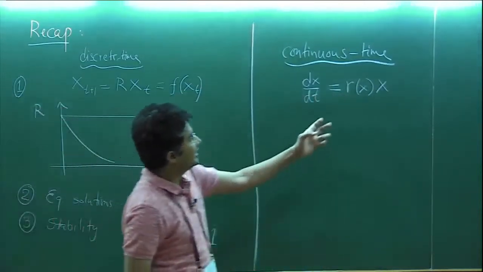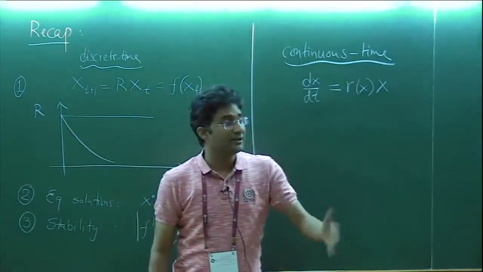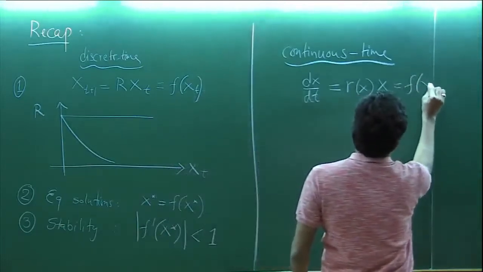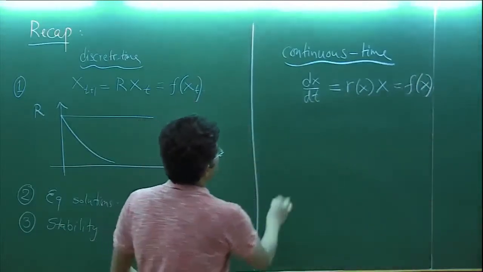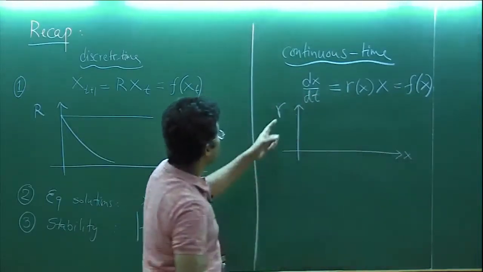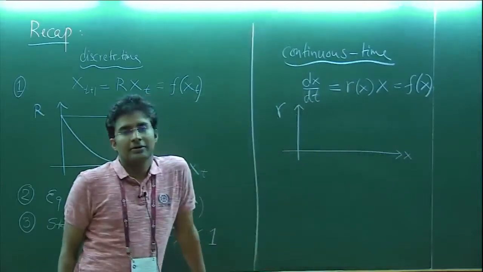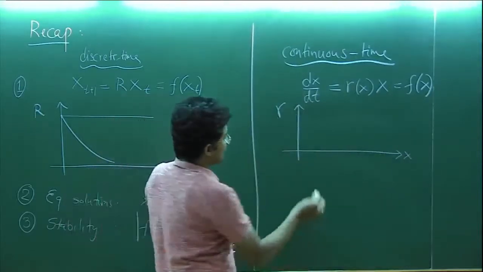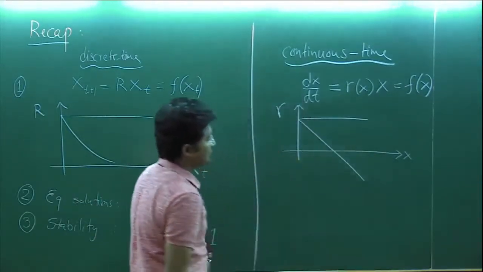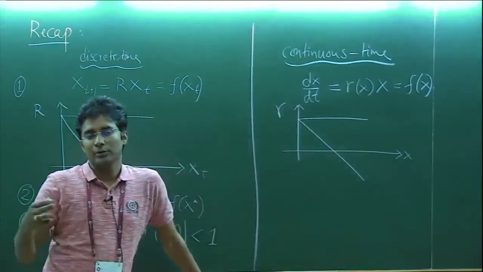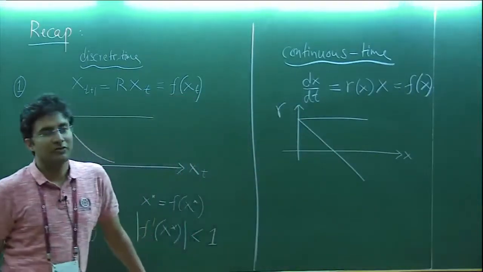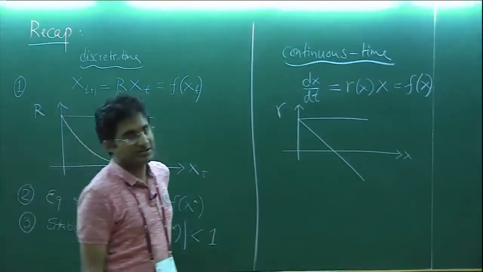Here again r captures the individual level growth and how that depends on x and other parameters. Again, depending on the biological context, we think about how this r must depend on x. Under simple conditions like unlimited resources, we have a constant r. Under a scenario of competition for resources, you can have linearly declining or more complex functions. And each of those different functional forms of r will give you different models.